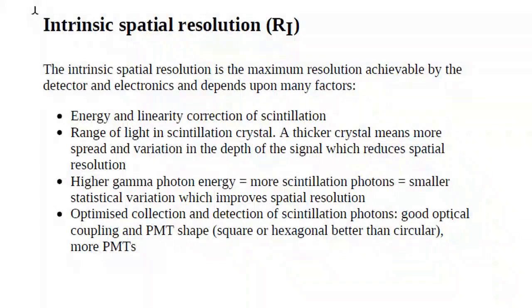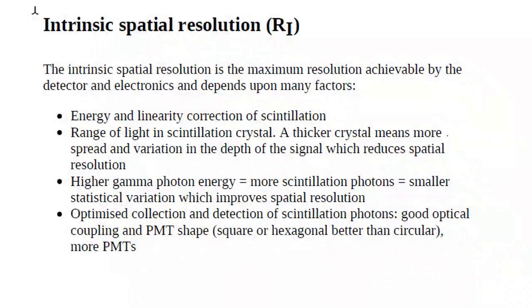A light guide is like a channel through which these light photons travel to reach the photomultiplier tube. If, for example, your crystal is covered by a small number of light guides, then your chance of collecting more photons resulting from the interaction of the gamma photon with the crystal will decrease. The resolution will also decrease because the resolution depends on determining the location of the scintillation. It will decrease as well.